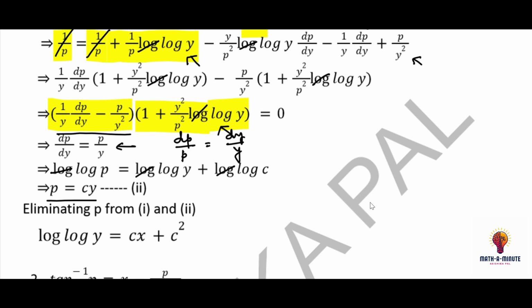Okay, now from this equation, if I put the value of p in the given equation, it will be log of y equals to cx plus c squared, which is our required solution of the given differential equation.